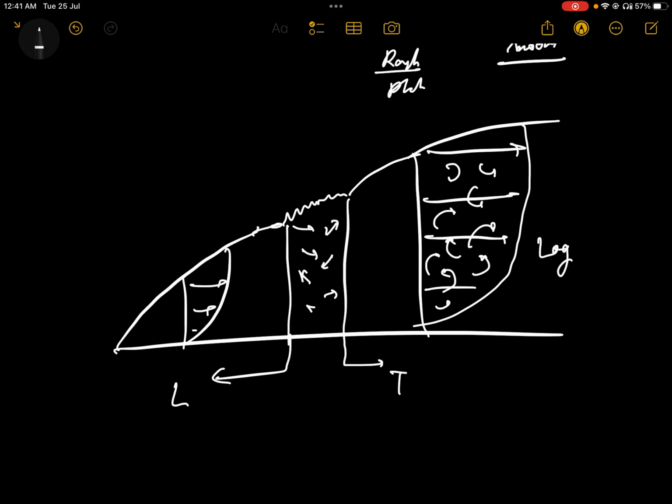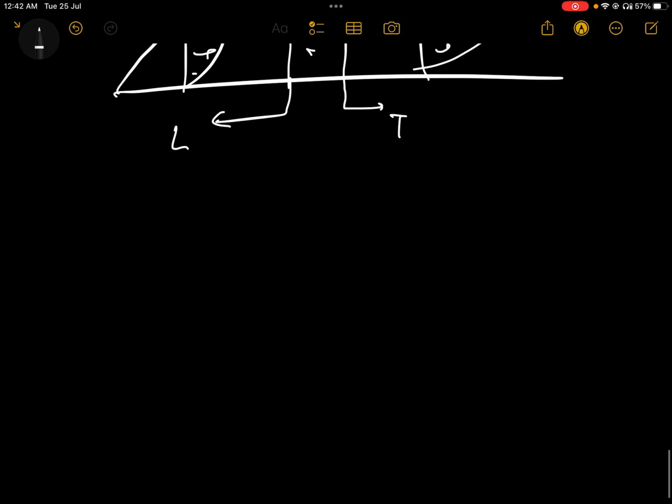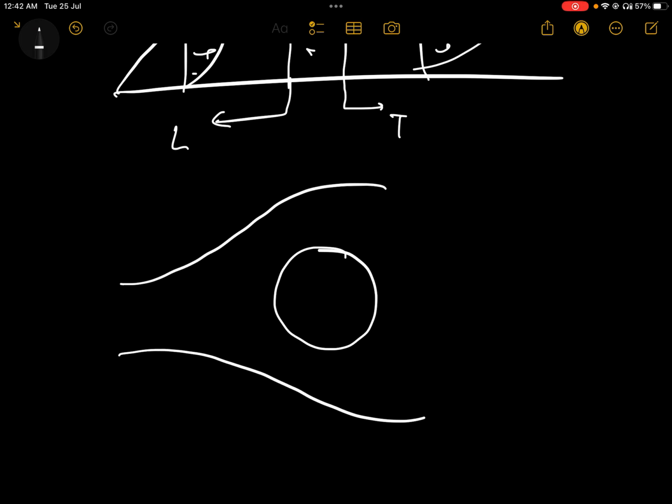Okay. Then there was a question asked in GATE. What was that question? Let's say we have a cylinder and there is a flow over it. Till what point will the flow be laminar? This is the boundary layer, and it will be something like that.